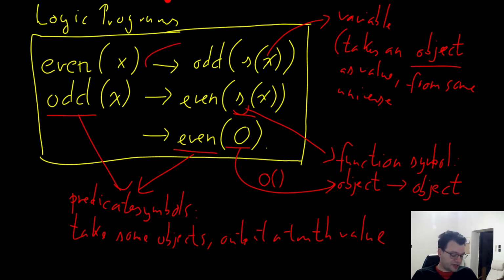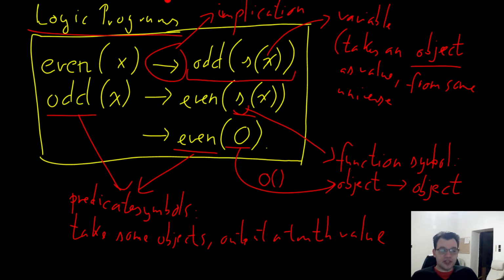And this here is just a logical implication. In logic programs, implications will have one single statement, an atomic formula, on the right hand side, and the conjunction, so this and this and this, on the left hand side.